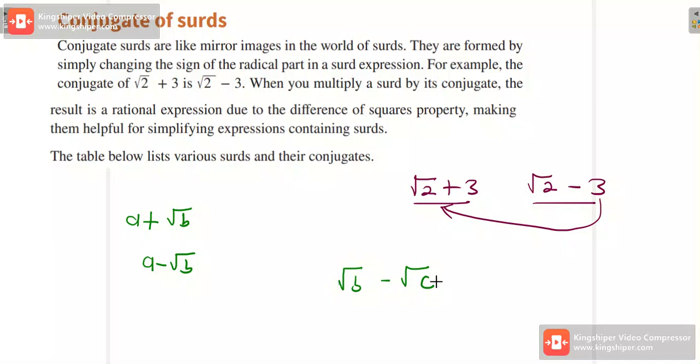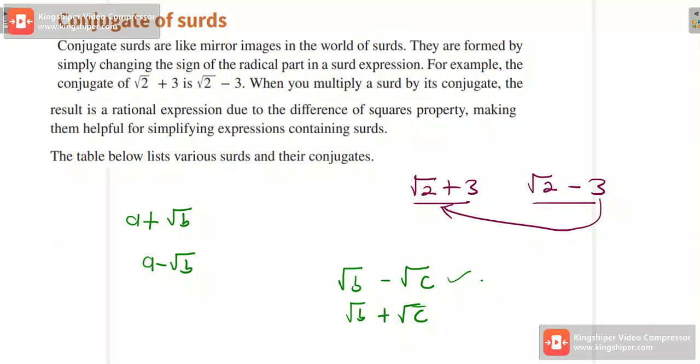The conjugate of this set will be root of b plus root of c. So it is just writing the original set, but you are just changing the sign. If the sign is subtraction, it becomes addition.